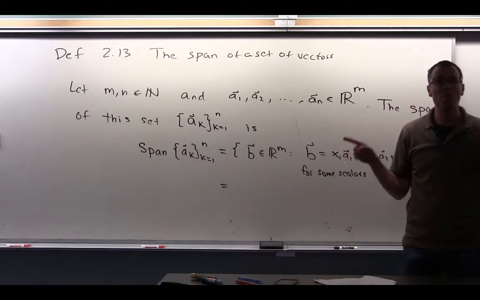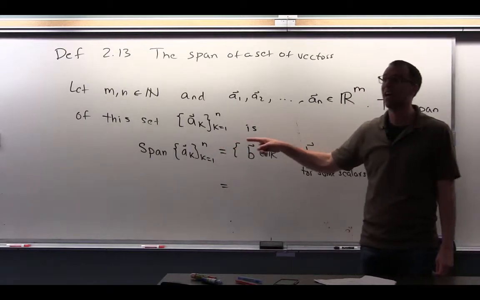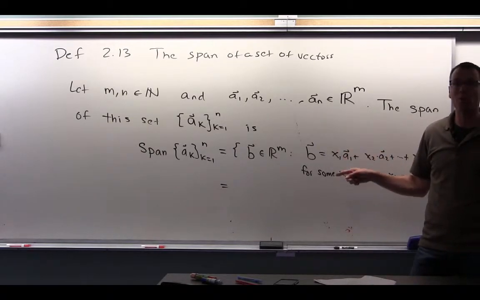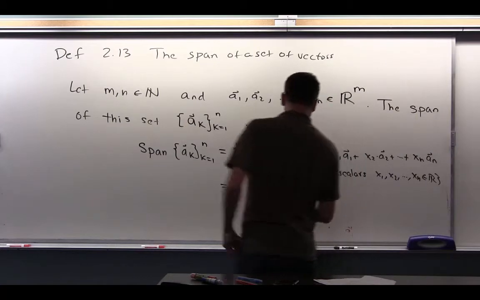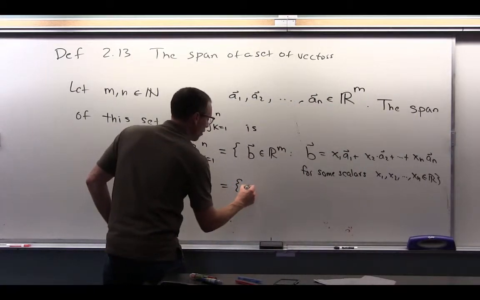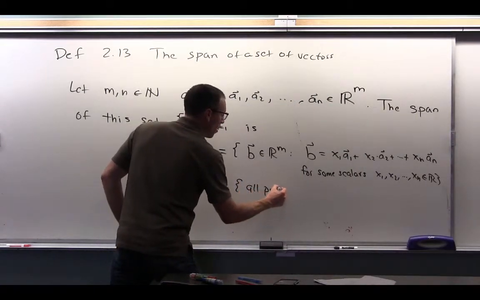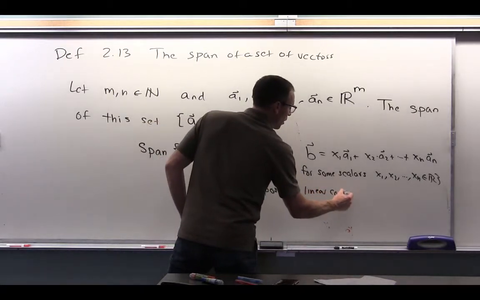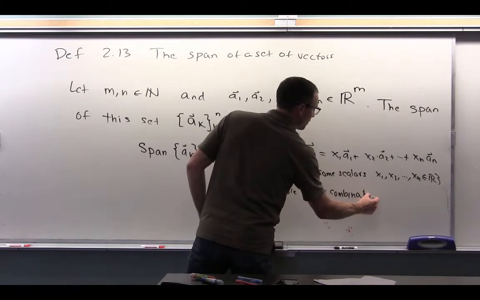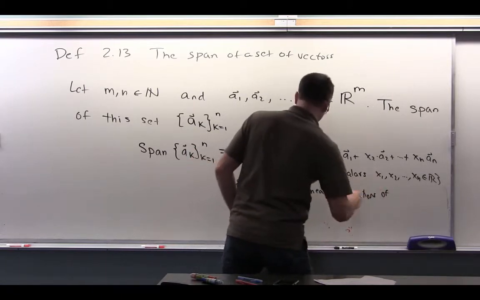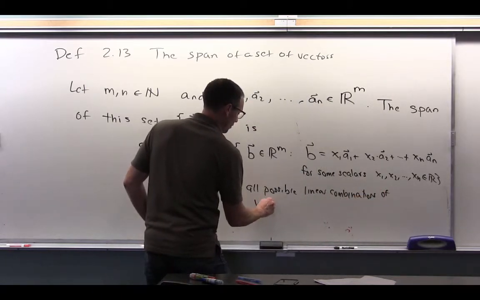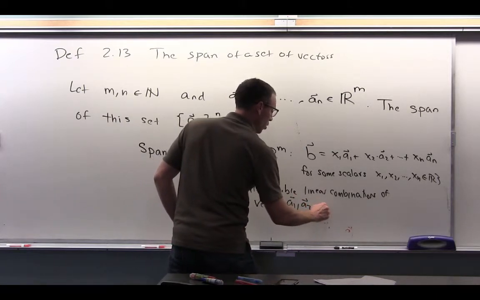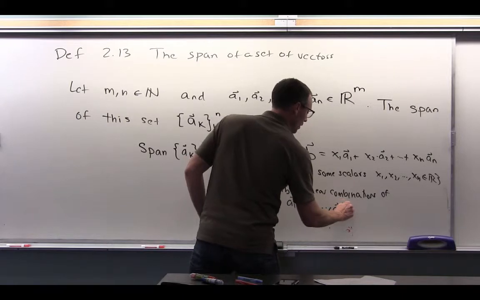In other words, the span of these vectors is the set of all possible linear combinations of vectors a1, a2, all the way down to an.